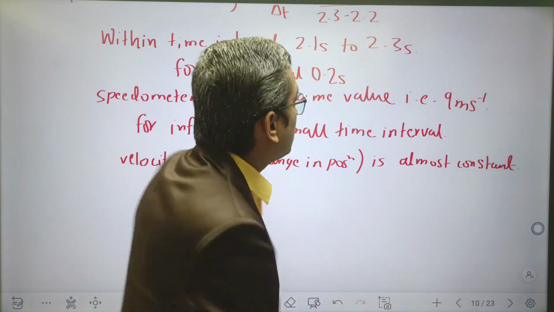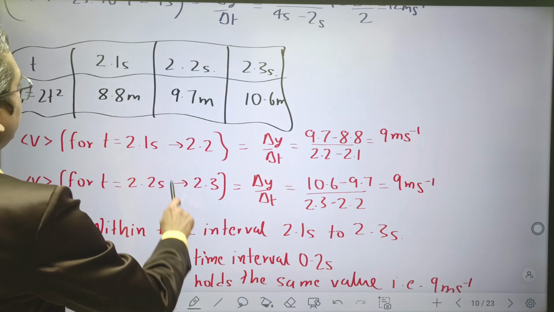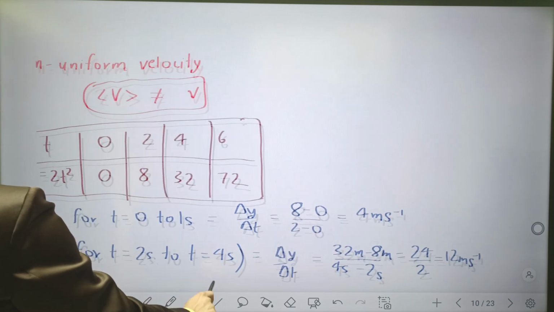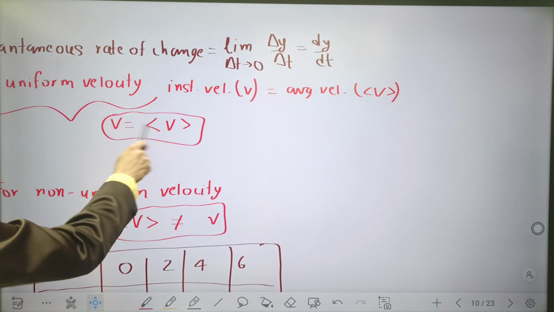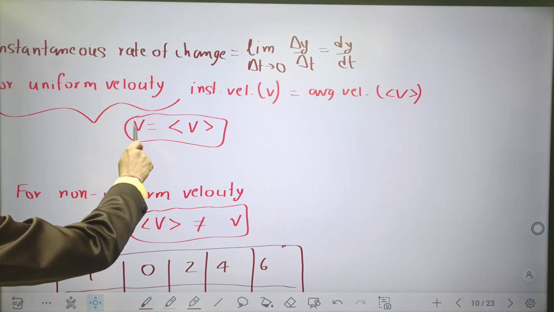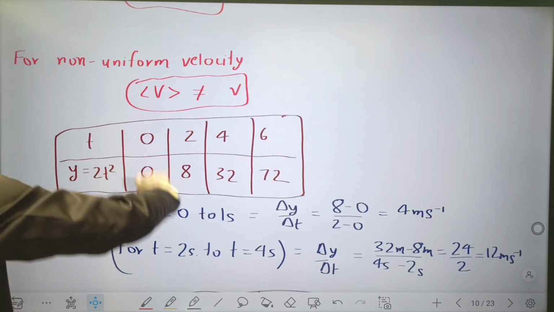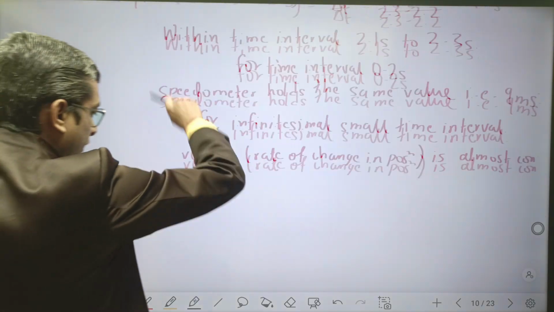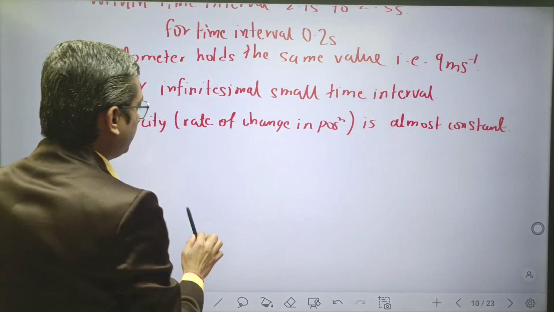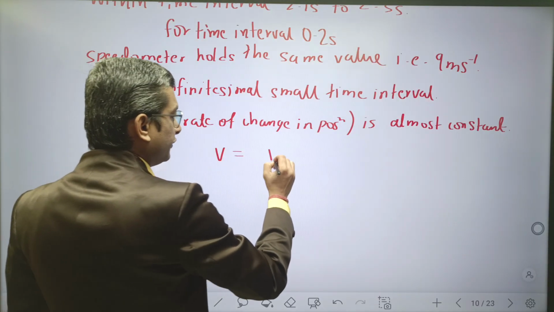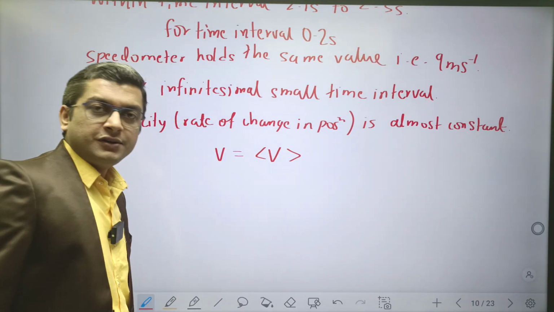And as we know, in the case of uniform velocity, the instantaneous velocity becomes equal to the average velocity. So for that small time interval, the instantaneous velocity is equal to the average velocity.